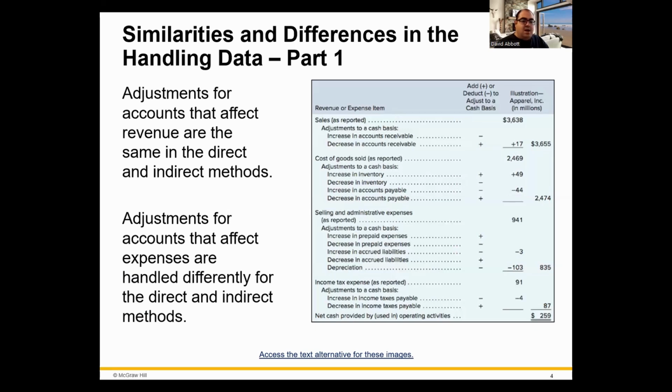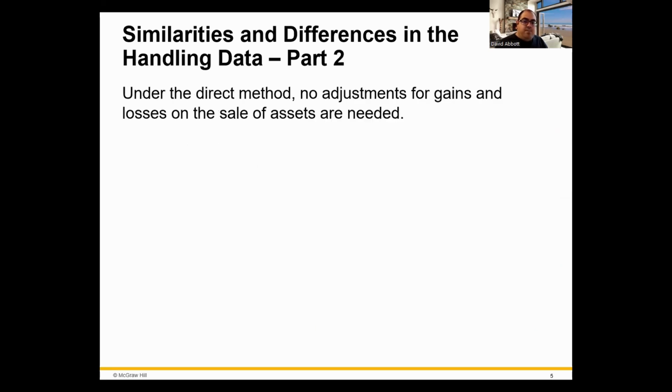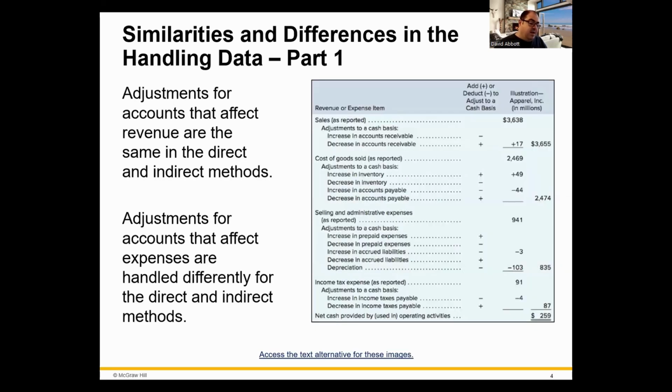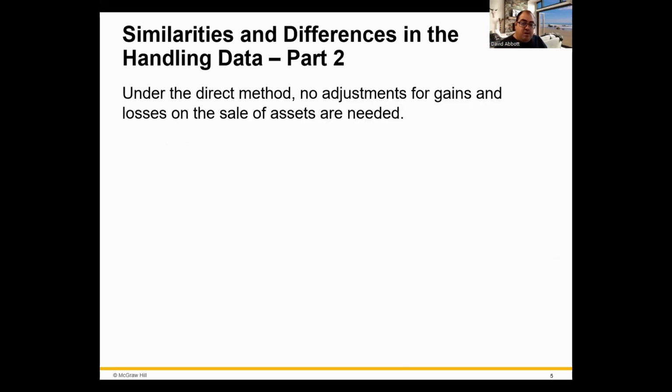So for example, in the indirect method, an increase in prepaid expenses is deducted from net income. However, in the direct method, an increase in prepaid expenses is added to operating expenses.